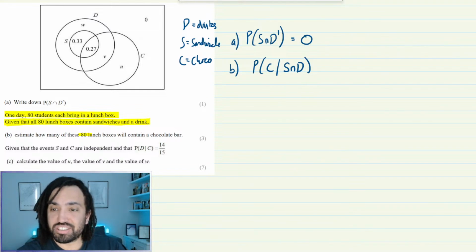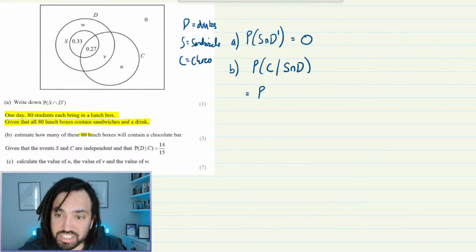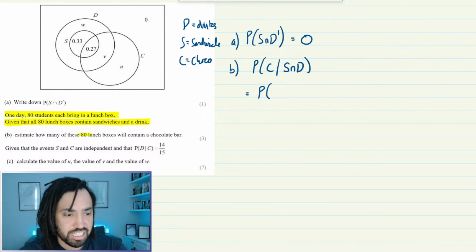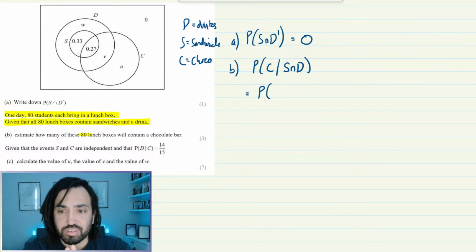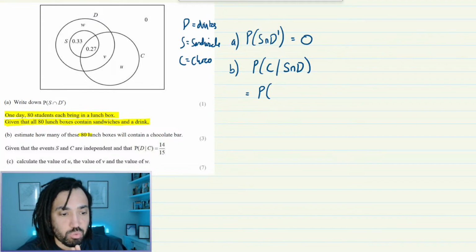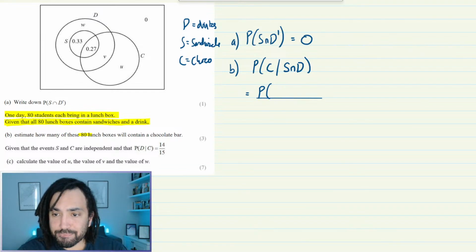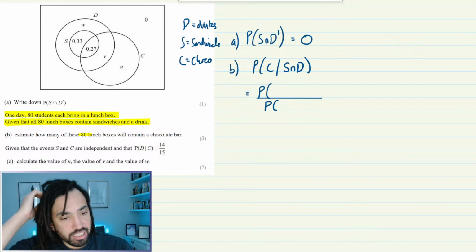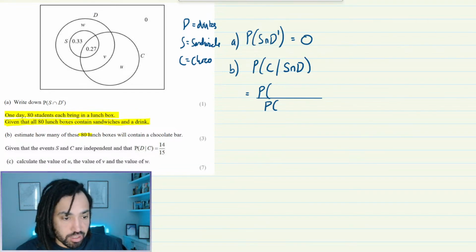Okay, so this is the probability. What's this conditional probability then? Conditional probability, what goes on the top line and what goes on the bottom? Because when we do conditional probability, then we have something on the top and something on the bottom.